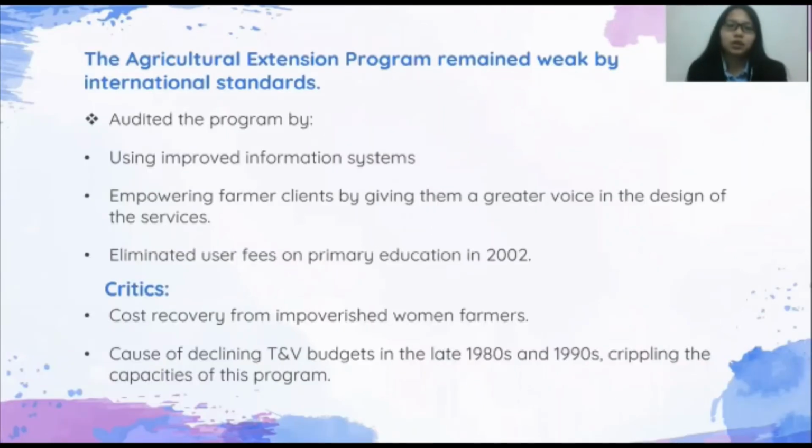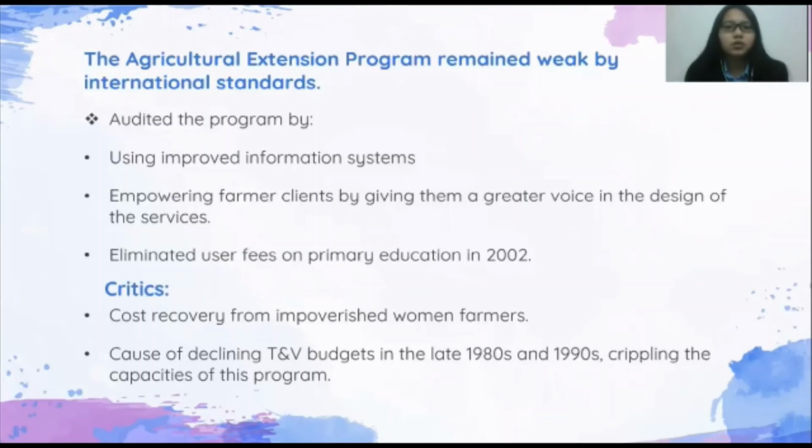Nevertheless, the agricultural extension program in Kenya has remained weak by international standards. The World Bank audited its program in this field in 1999 and found it severely wanting in many respects, including low cost effectiveness. The audit called for more efficient targeting of extension services where the impact is likely to be greatest, using improved information systems and empowering farmer clients by giving them a greater voice in the design of the services.